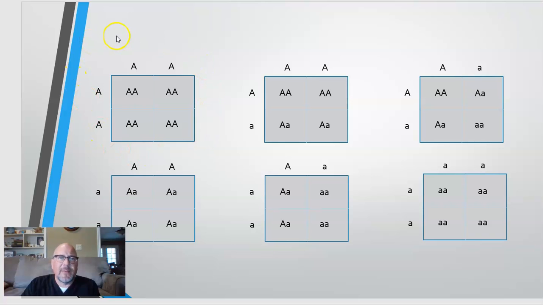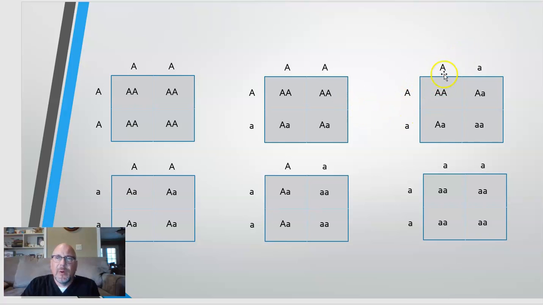So obviously, if neither parent is a carrier and they have normal alleles, big A and big A, 100% of their offspring are going to be the big A variety. If you have a carrier, which would be a big A, little a, and a normal allele, big A, then you have a 50% chance of producing a carrier as an offspring.